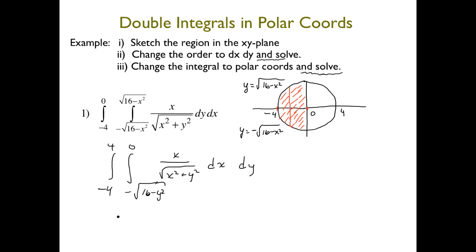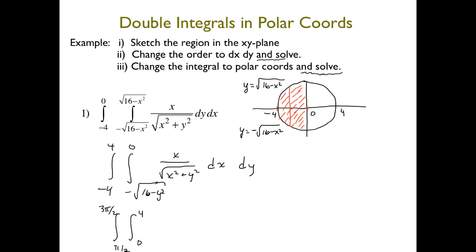What about polar? Look how easy it is in polar. r goes from 0 to 4, and theta from pi over 2 to 3 pi over 2, thank you.